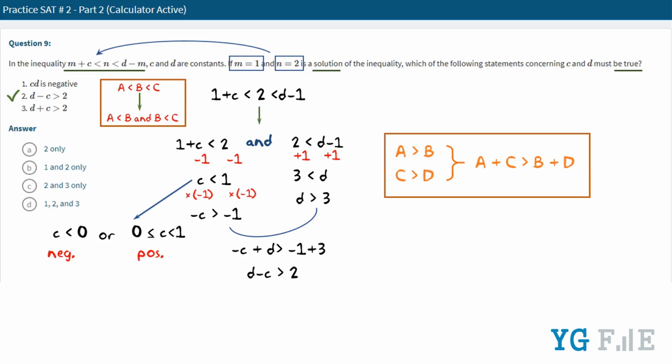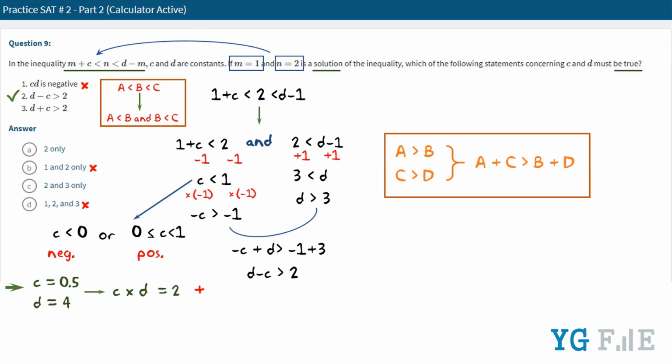To make it clear, we can take numbers for that. We can take c to be a half and d to be 4. Then the product of these two numbers will be 2. Here we can see that the product of c and d is positive, while the first statement says that it is negative. So the first statement is not correct. Then the options containing the first statement will not be the answer.